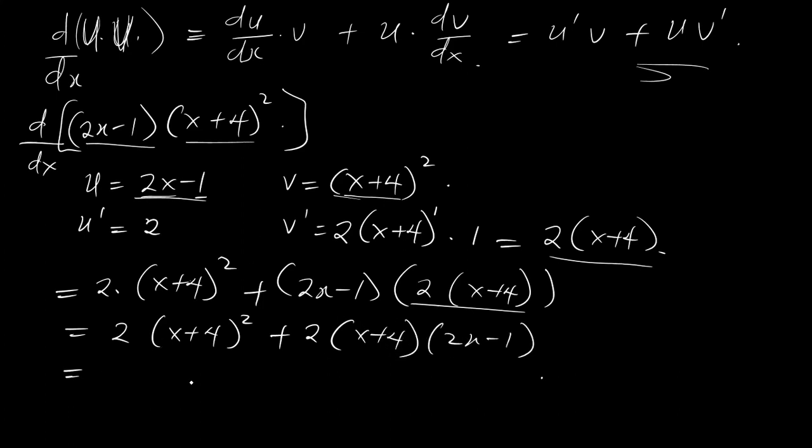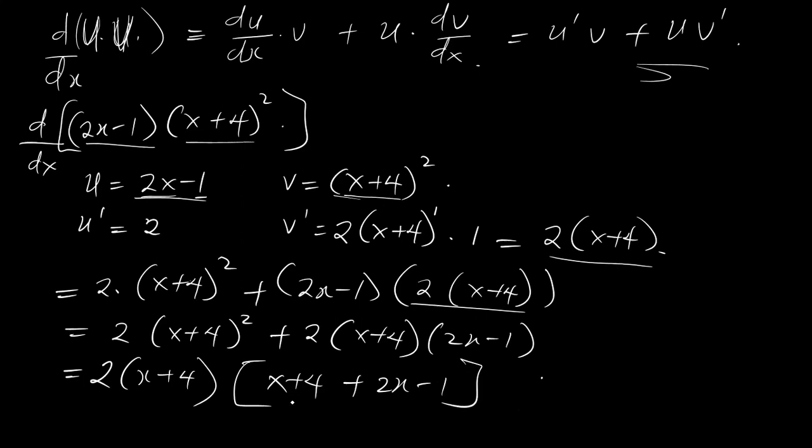So we can factor this further, because 2 into x plus 4 is common here. I'll bring it out: 2 into x plus 4. If you remove 2 into x plus 4 from here, you have x plus 4 left. Then if you remove it here, you have plus 2x minus 1.